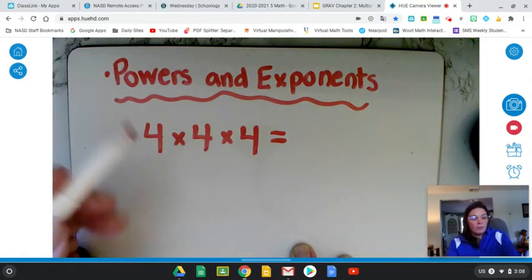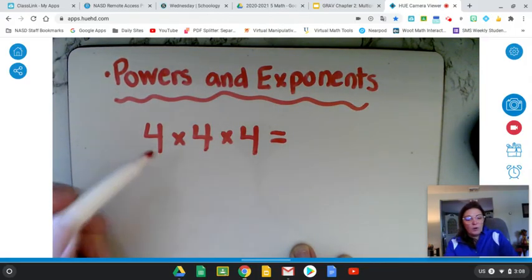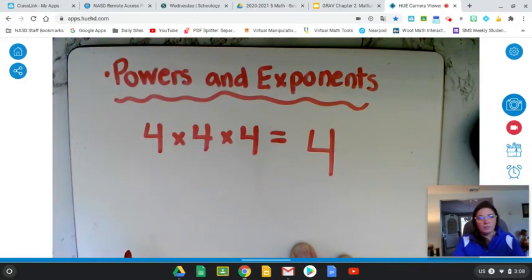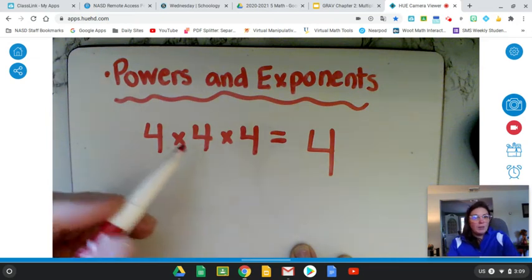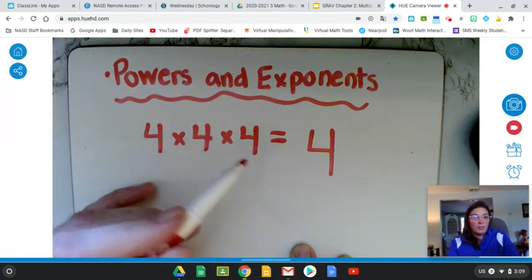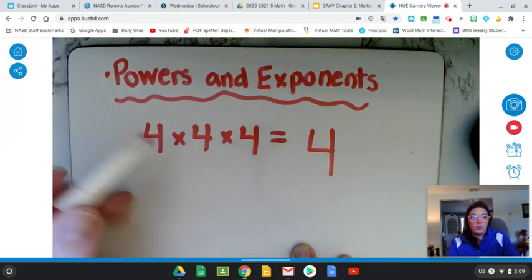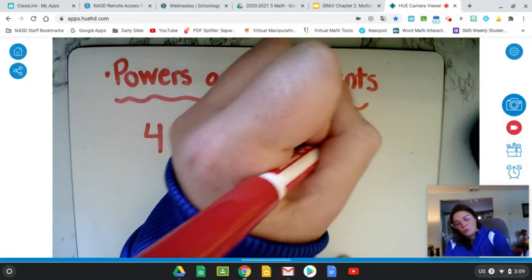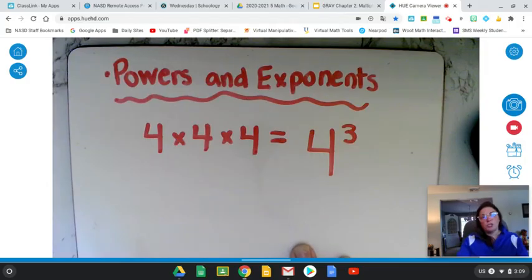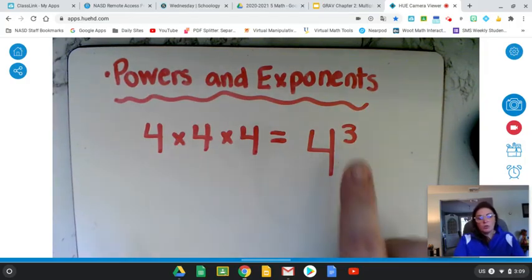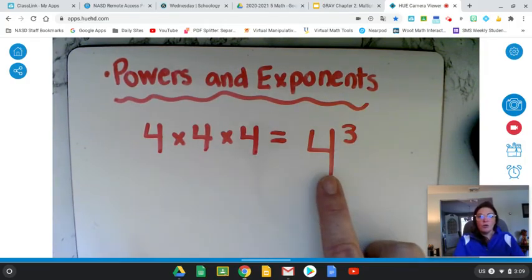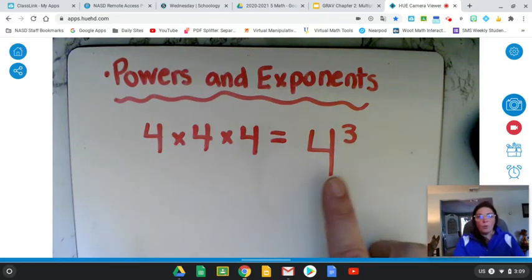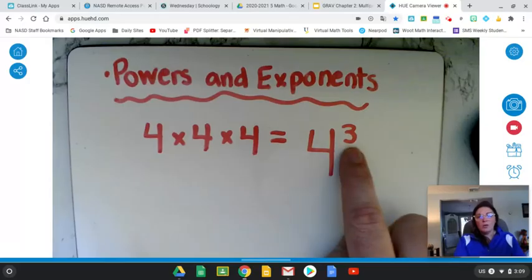Well, the number that I see repeated, the 4, would be my big bottom base. How many times it repeats with multiplication is my exponent. 1, 2, 3. So 4 repeats with multiplication 3 times. So I write it as 4 to the third power, or 4 to the power of 3.